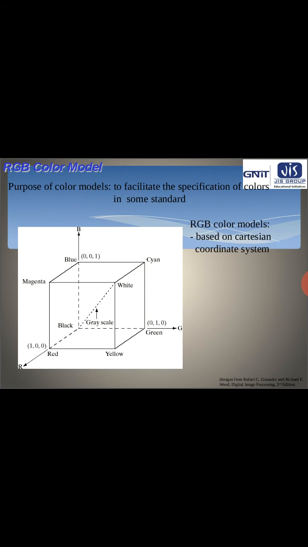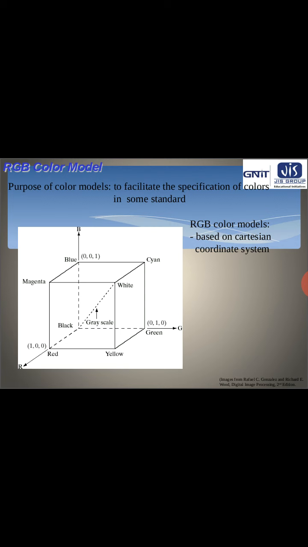Now here we can see the RGB color model, based on a Cartesian coordinate system. The purpose of color models is to facilitate the specification of colors in some standard way. Here we have represented the green value on the x-axis, the blue value on the y-axis and the red value on the z-axis.